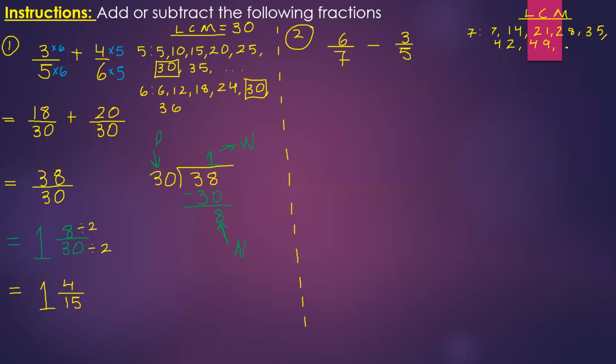And we continue just like that. And then we have the number 5, multiples of 5, Leo. 5, 10, 15, 20, 25, 30, 35, 40.